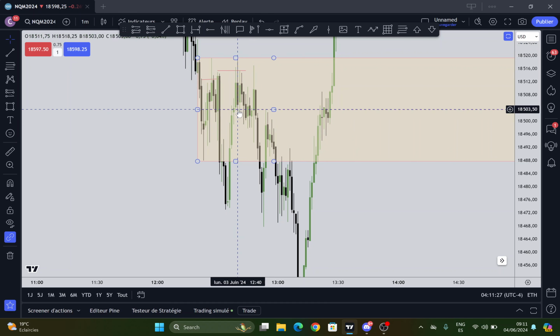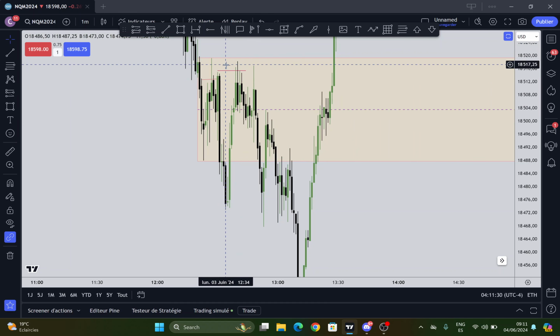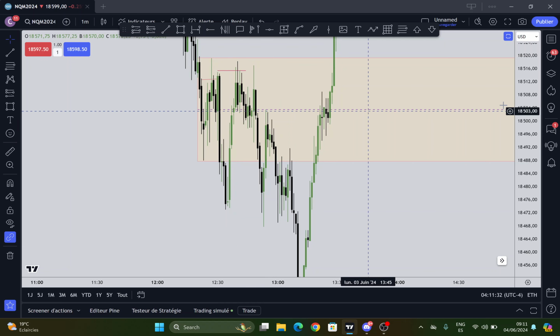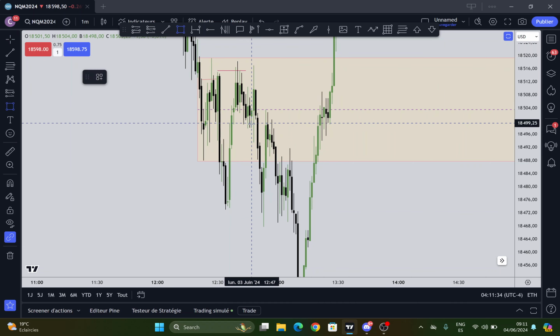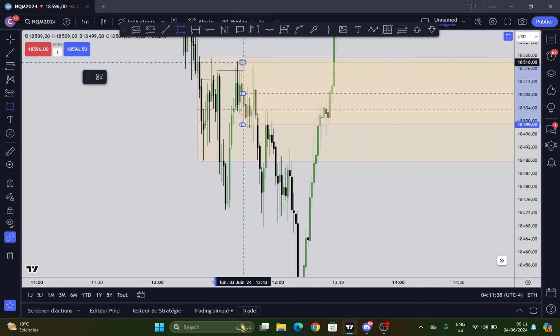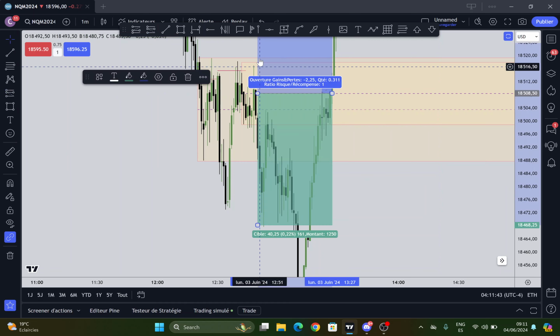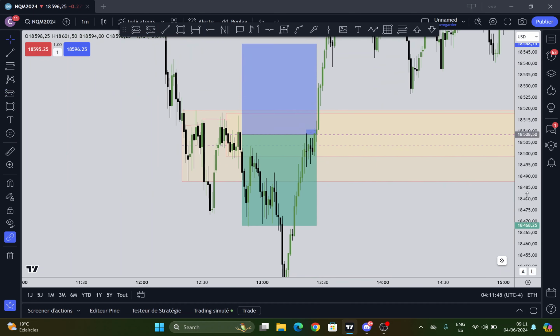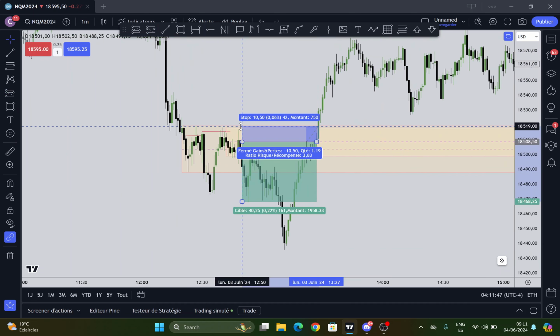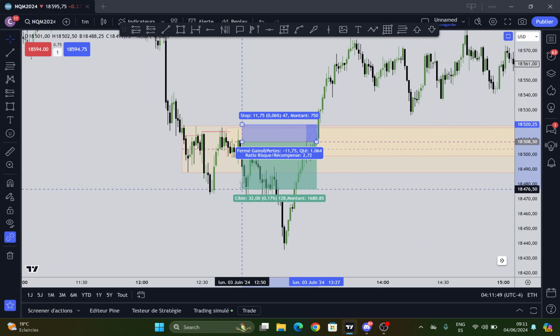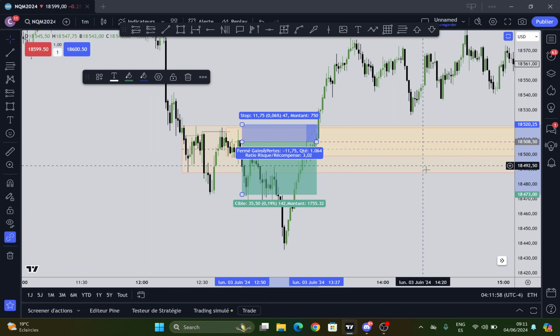So we closed under this candle responsible for sweeping this liquidity here, so that's our CSS, right? We got the CSS here, all right? So this is the 50%. You enter from it, right? And you target the 1-to-1 of the zone, that's 1.85 hours, or you take the last low, which was a 3R trade, right?